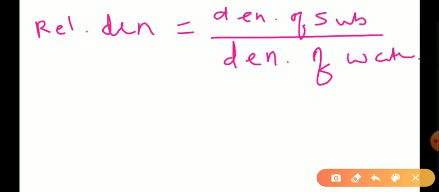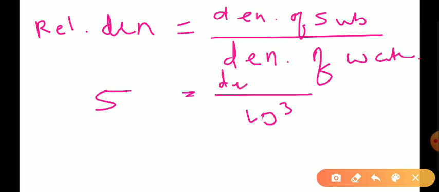So here in the first question, what they have given? Density of water they have given, that is 10 raised to 3. And on the other side, they have given relative density as 5, and we have to find out the density of substance.